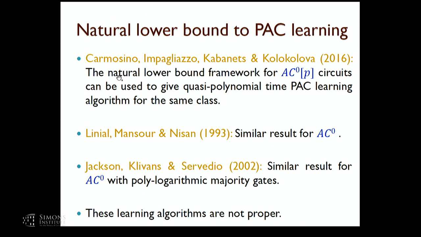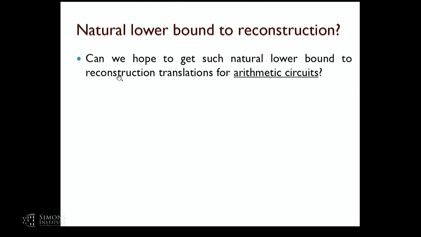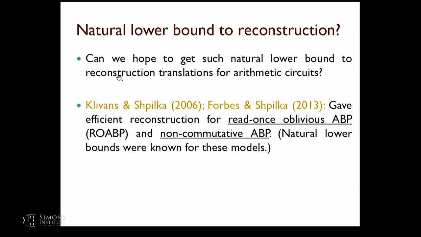Okay, so the natural next question is, can we hope to turn such natural lower bounds into reconstruction algorithms for arithmetic circuits? There are some favorable results in the arithmetic world by Kayal, Nair, Saha, Mike Forbes, and Amir, who gave efficient reconstruction algorithms for models like ROABP, non-commutative ABP, set-multilinear ABP, and so on.